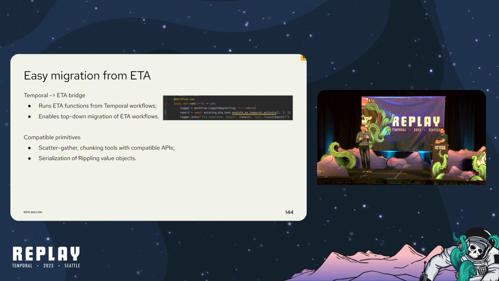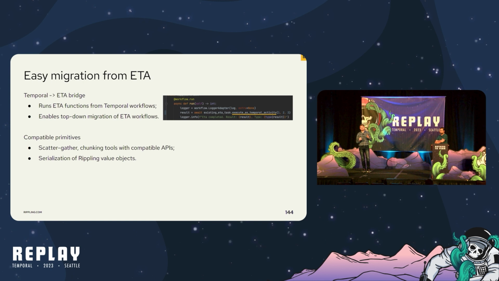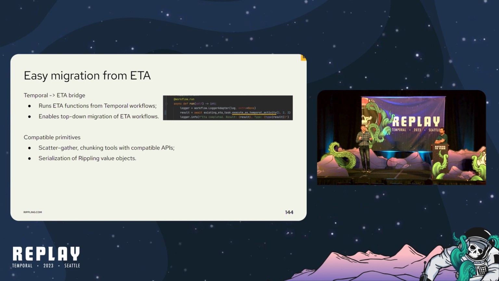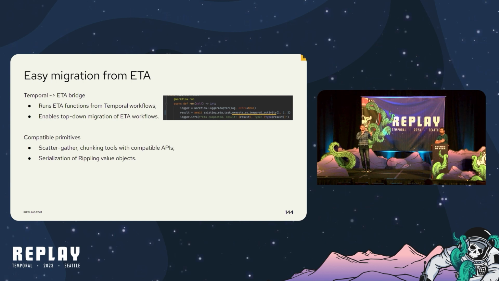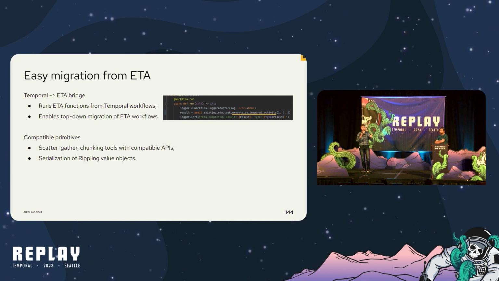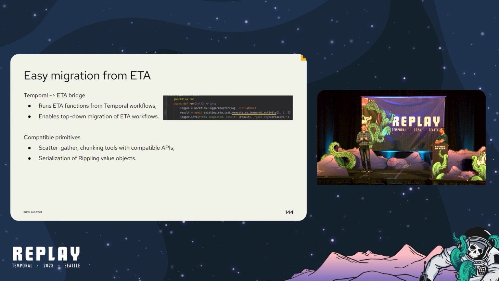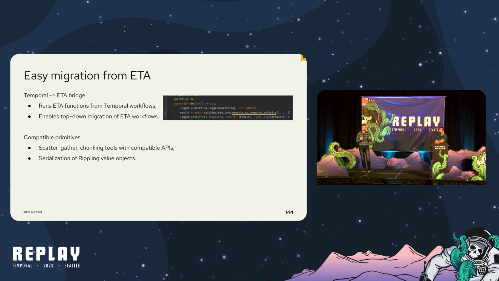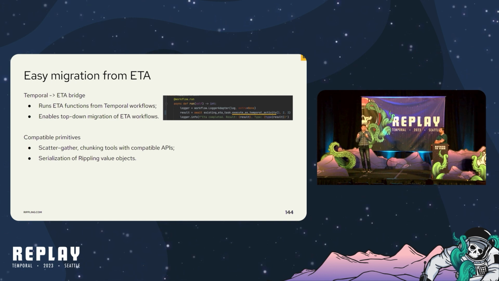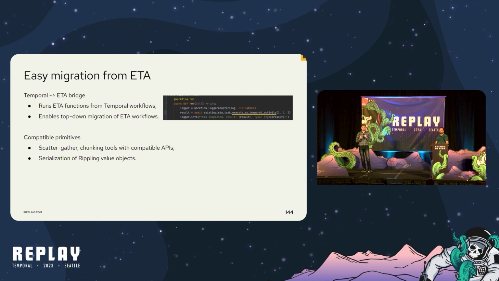And this allows a nice top-down migration, because now people can start migrating the existing code by migrating the highest, most important layer, the one that orchestrates work, to Temporal. Another important thing is, because ETA was not built for this sort of asynchronous work, it does not support any sort of signaling.